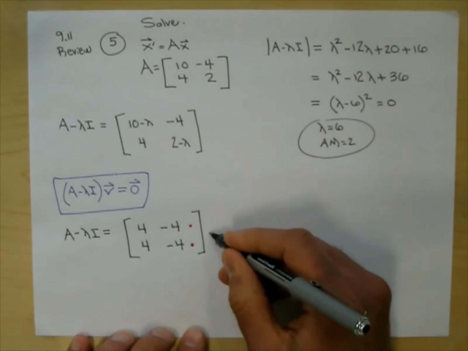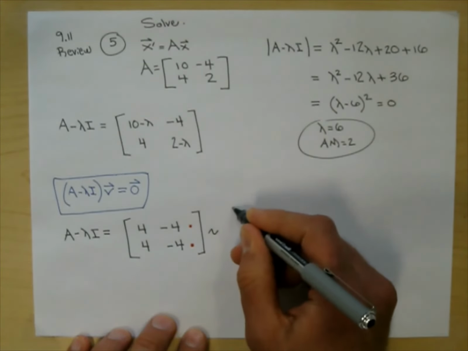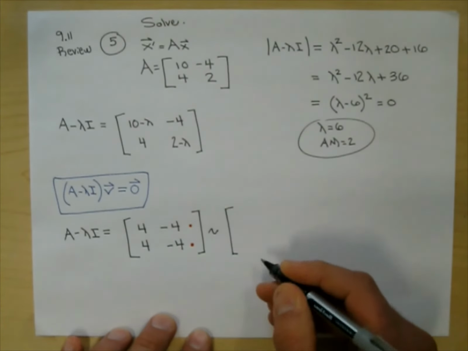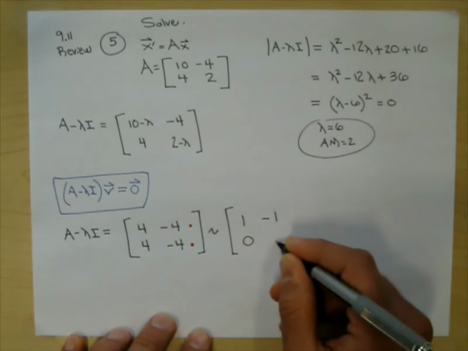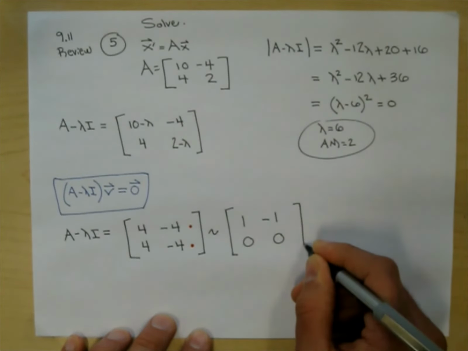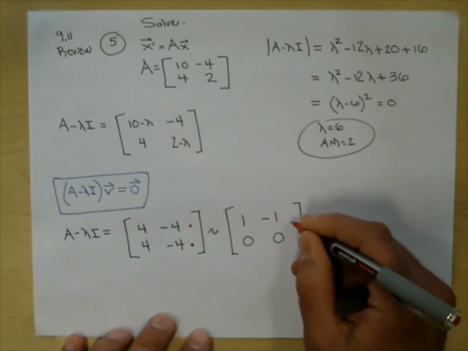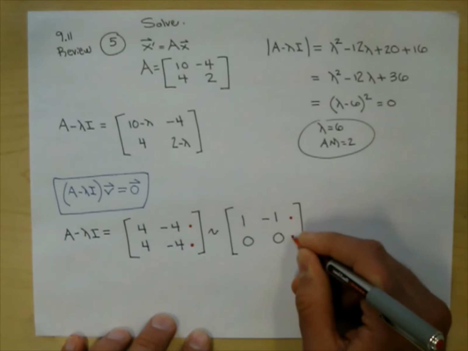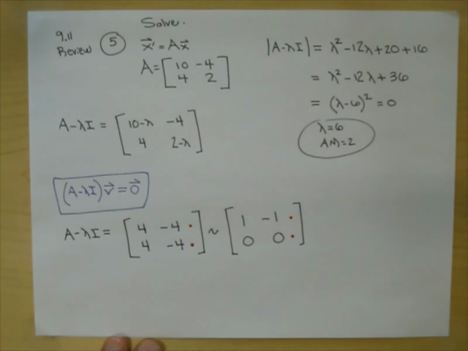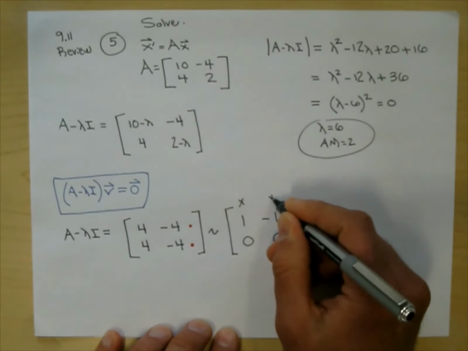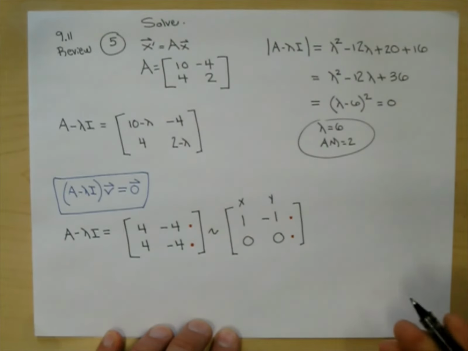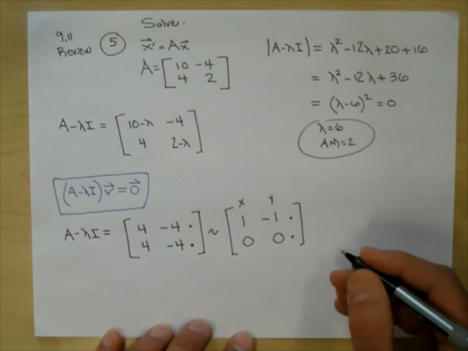Okay, so we can see that this matrix reduces to 1, negative 1, 0, 0. And of course, if you're trying to find the null space, those are just zeros there. So you can say that this is x and this is y, and y equals t, and x equals t as well, and you can go through that.